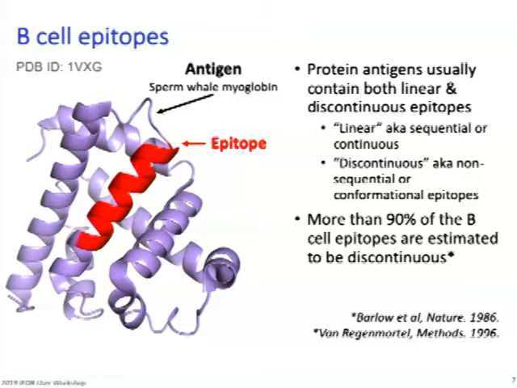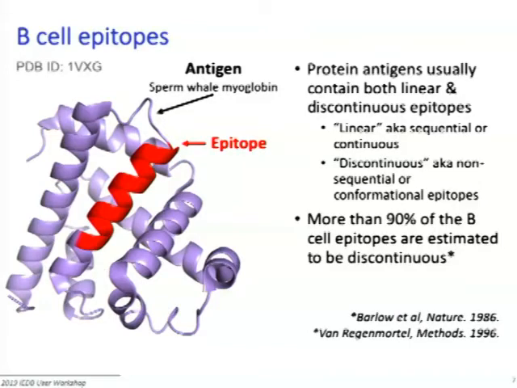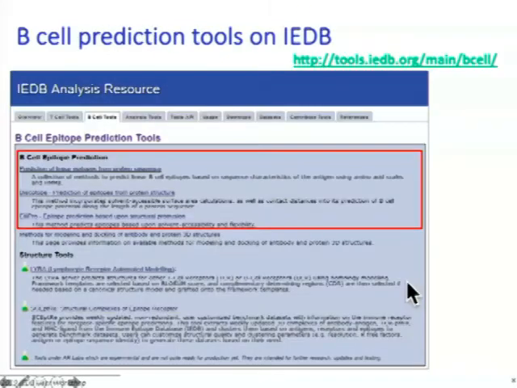So much of the data that we have in the database is about linear peptide segments where we don't know which residues exactly are in contact with the antibody, and that's why much of the data looks linear in the IEDB, just because those assays are easier to perform, even if we know that in reality the real epitope most likely is a 3D structure and is discontinuous in nature.